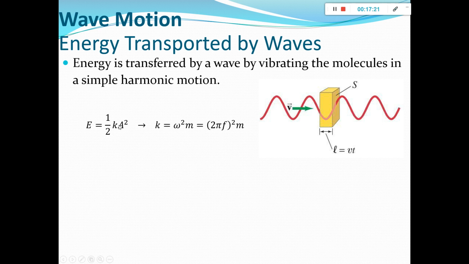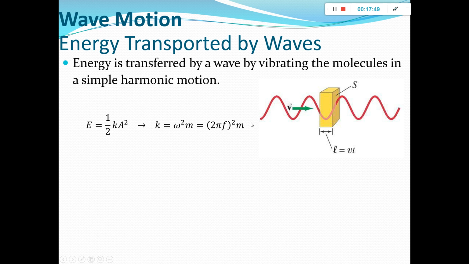However, there's no spring involved here, so we're going to want to get rid of this spring constant. We can think back to some of the other equations we had for it, like the one for the angular frequency, omega equals root k over m. So we can rewrite it in terms of k and then replace the angular frequency with 2 pi f.